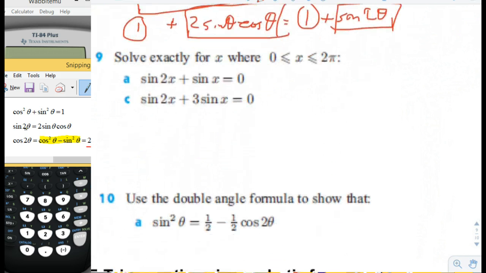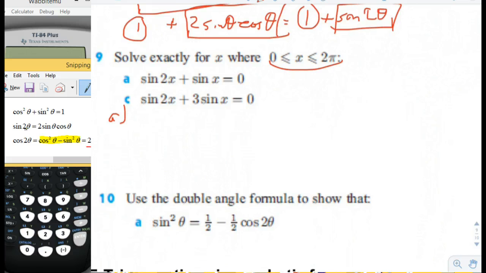Solve exactly for x where x is between 0 and 2 pi. Okay, so now maybe we're going to have to use a calculator or our knowledge of 30, 60 degree angles, 45 degree angles. Okay, so let's do A first. Sine of 2x plus sine of x equals 0.